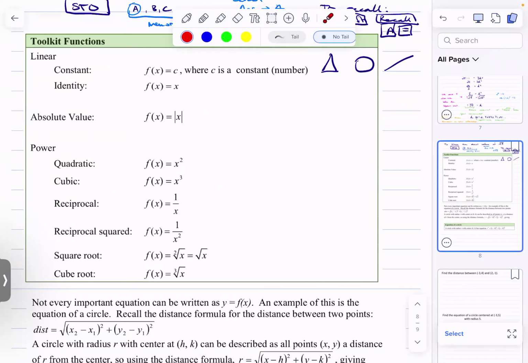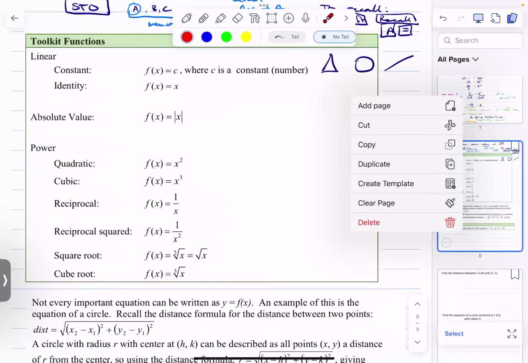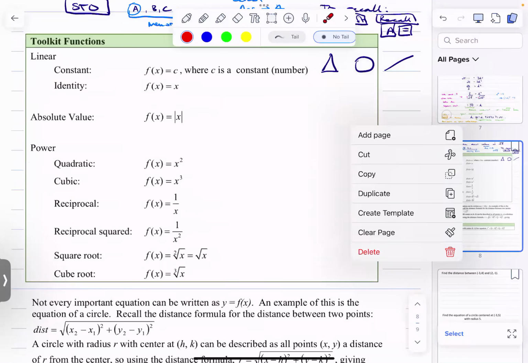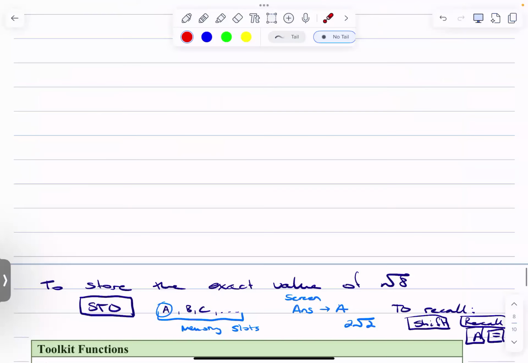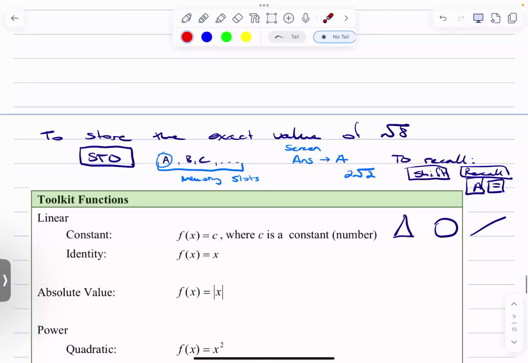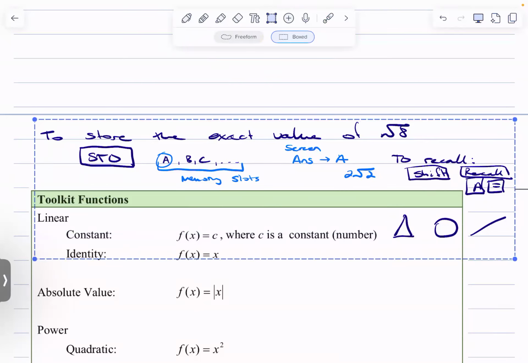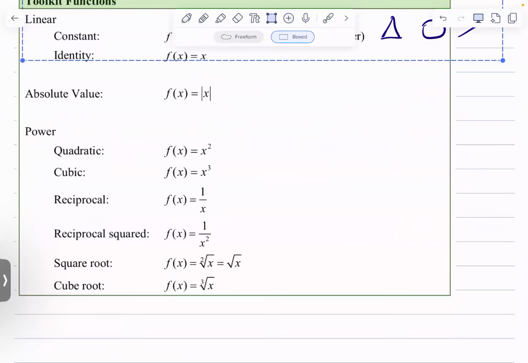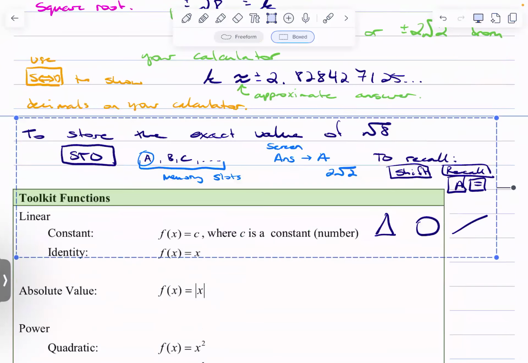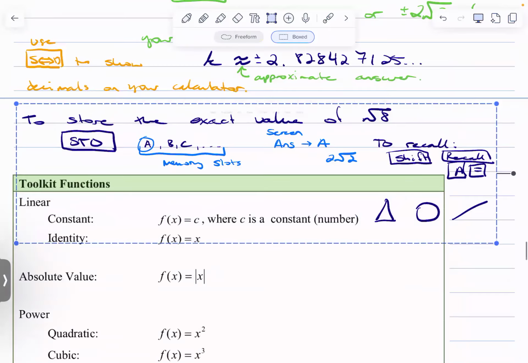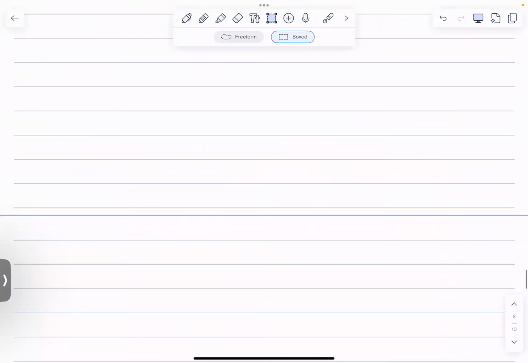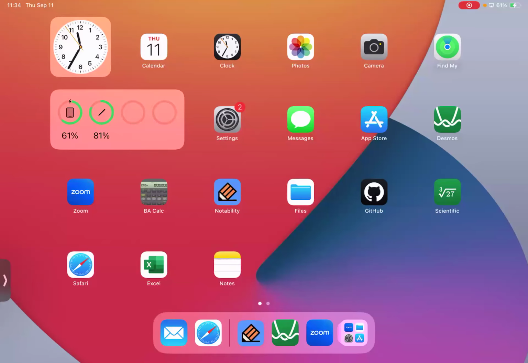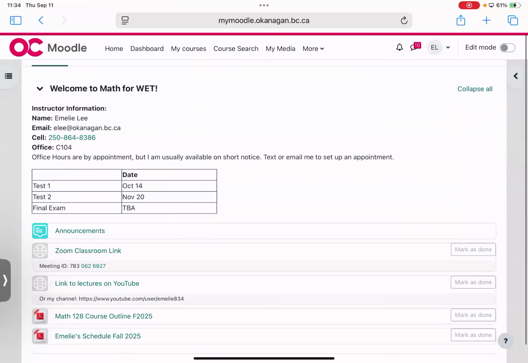I have to add a page. I'll add a page here. I also made it available on Moodle.